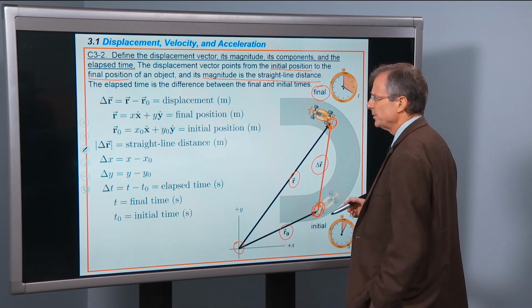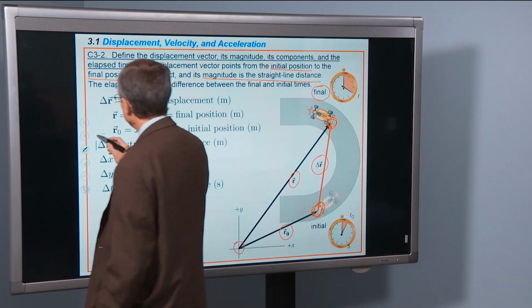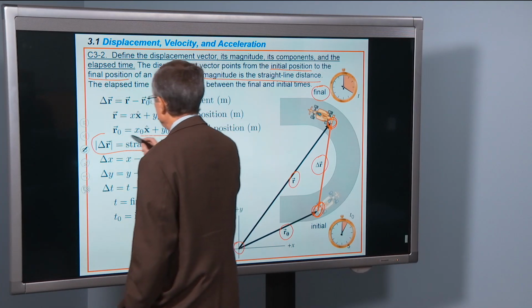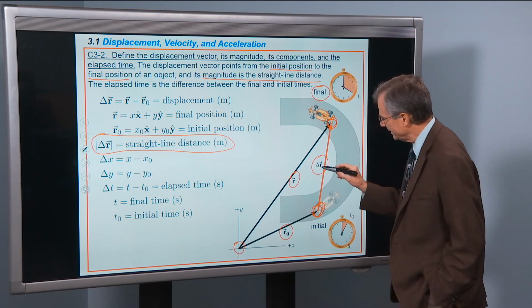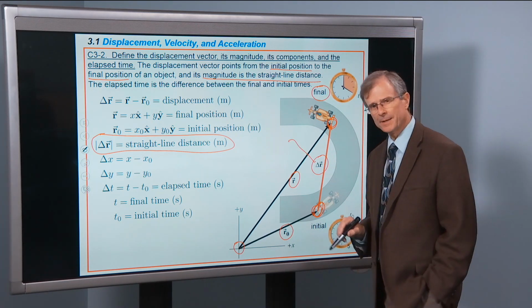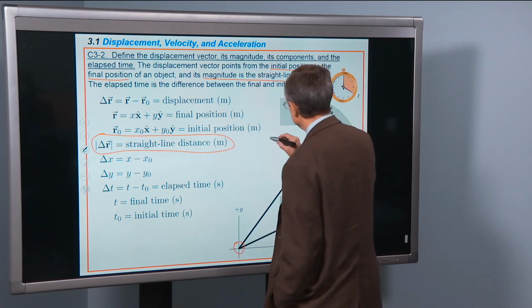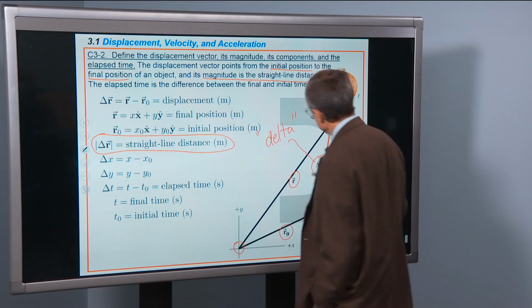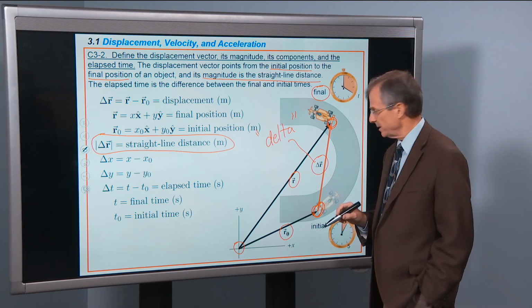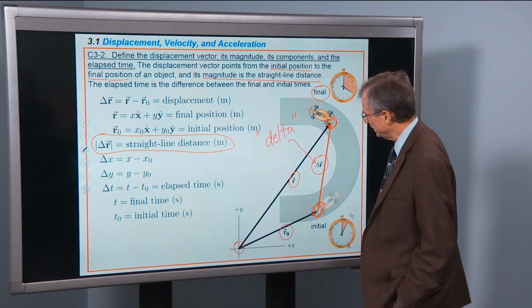Okay, so the magnitude of it, we're going to denote with this, and by the way, this symbol right here is the Greek letter delta. That's this triangle shape, is the Greek letter delta.